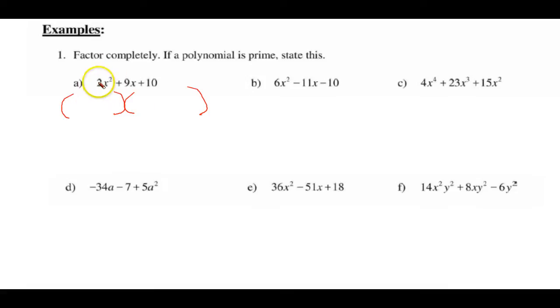Now here our a term is 2. So we could go 2x plus x. So when we multiply our first term, we get this.